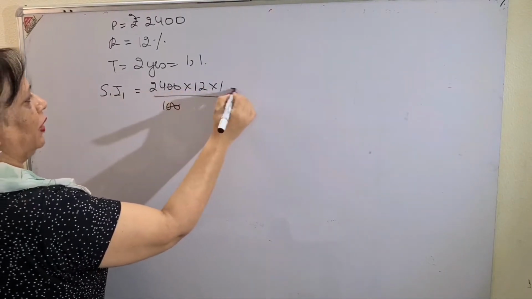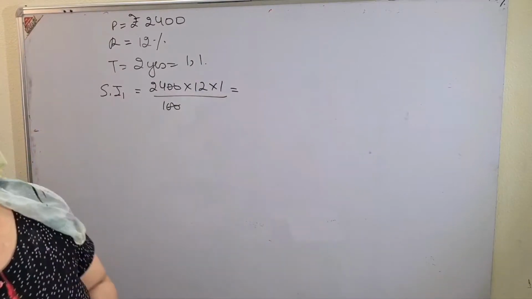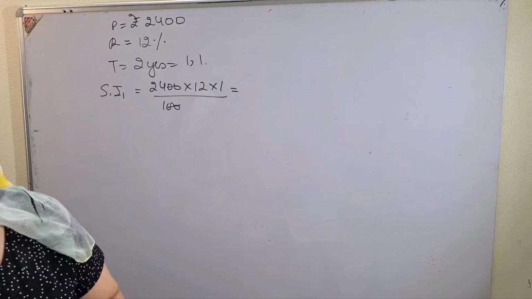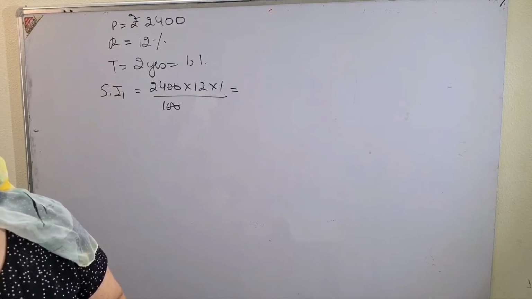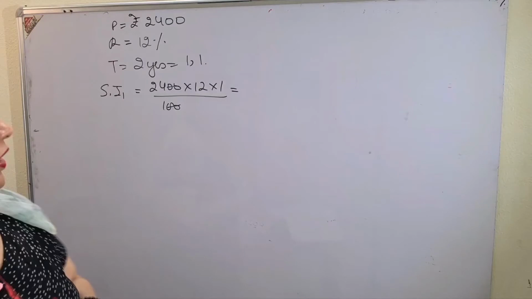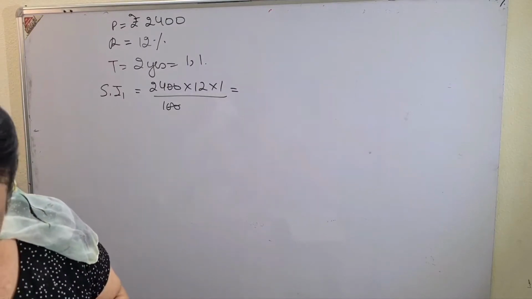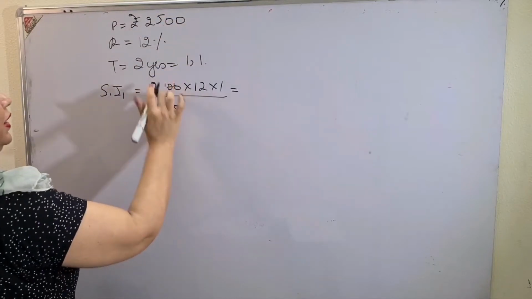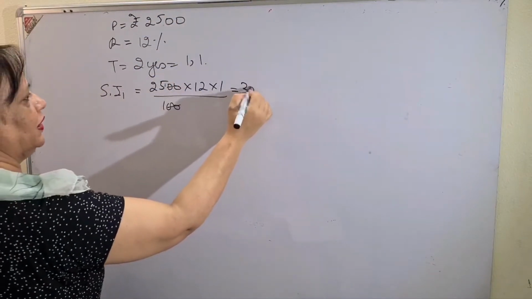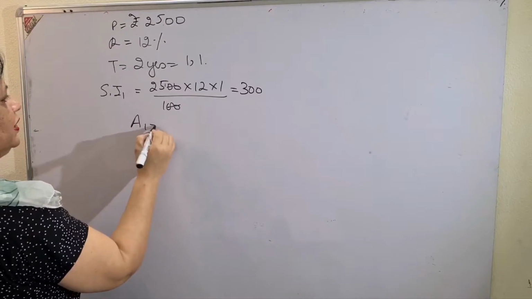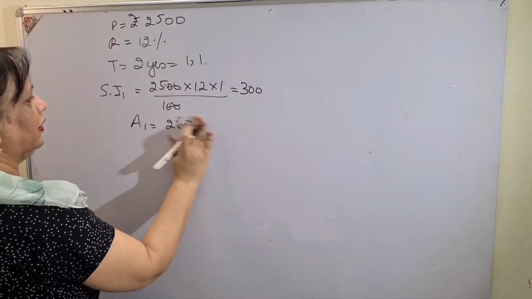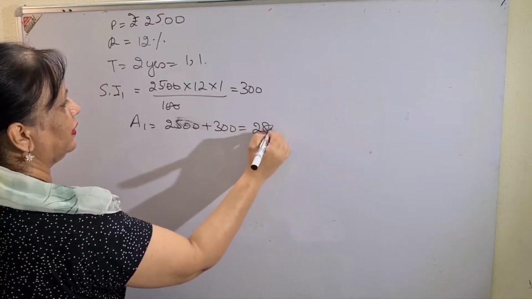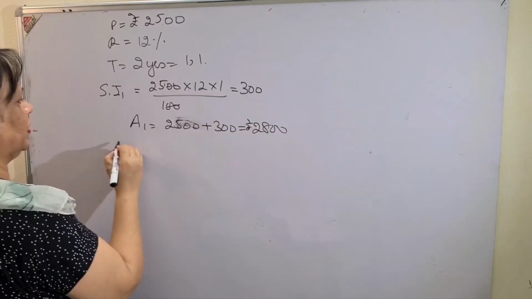You calculate the amount first. 25 into 12 you can do in the rough column, and this will come to rupees 300. Then A1 is equal to 2500 plus 300. That will be 2800 rupees. Please don't forget to put the units.